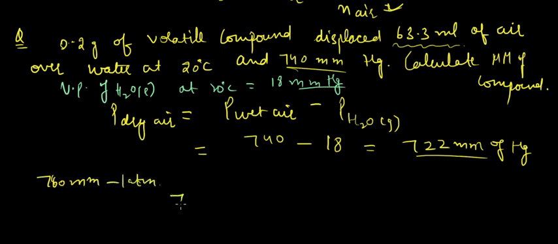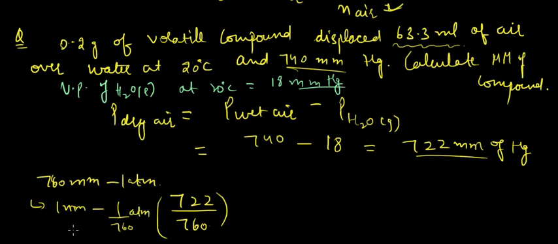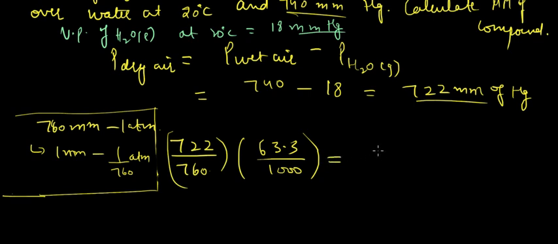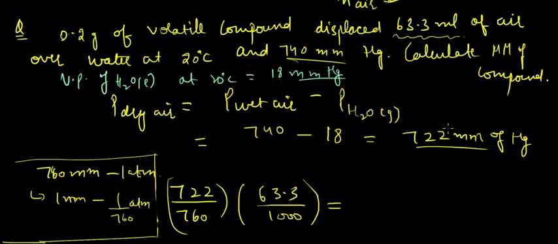So pressure would be 722 upon 760 atm. As a unitary method application, 1 mm of Hg is equal to 1 upon 760 atm, and similarly 722 mm would be equal to 722 upon 760 atm. Hence the pressure is 722 upon 760, and the volume displaced is 63.3 upon 1000 in liters.